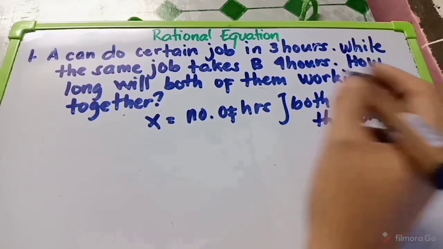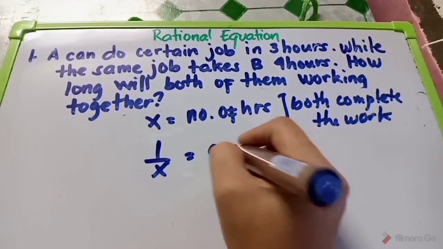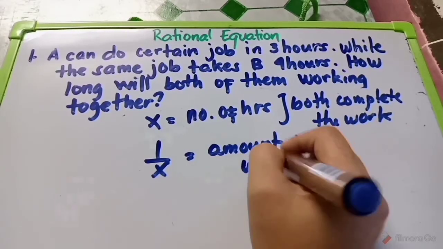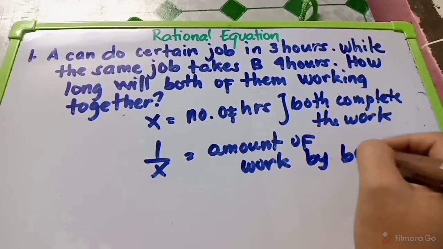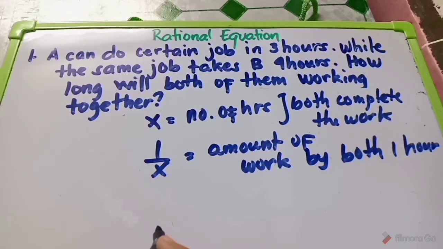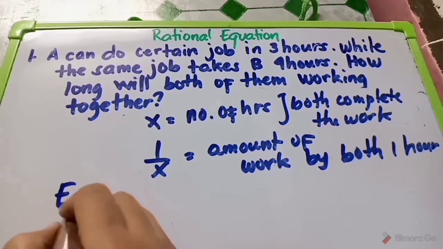Okay, we have 1 over X will be the amount of work done by both in 1 hour. And so let's proceed to the working equation. So what will be our equation?